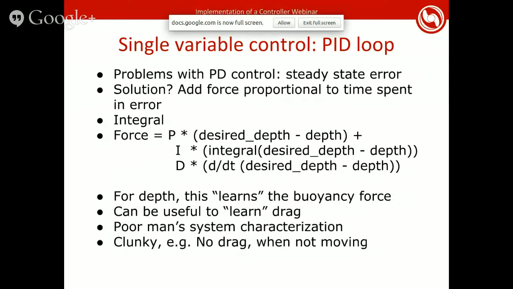For example, drag. The integral term can be great for learning drag, but as soon as you go back to 0 velocity, there is no drag anymore because you're not moving. So ideally you want that integral term to be zeroed out when you're not moving, and scale proportionally as you're increasing velocity. We're going to talk more about drag estimation a little bit later.